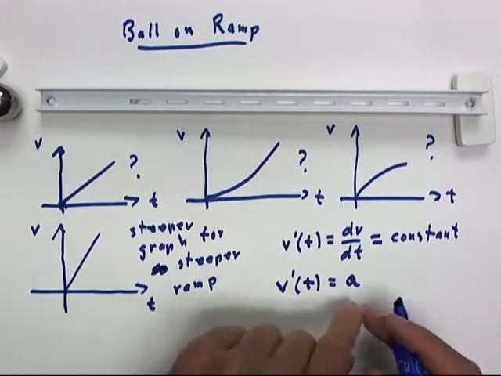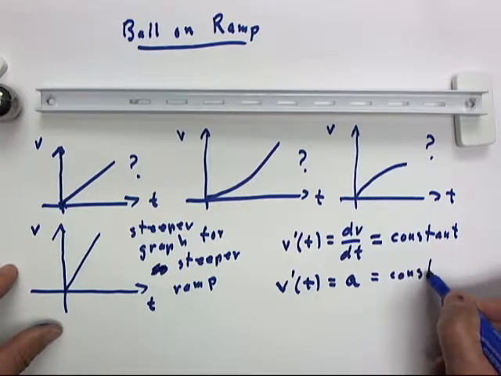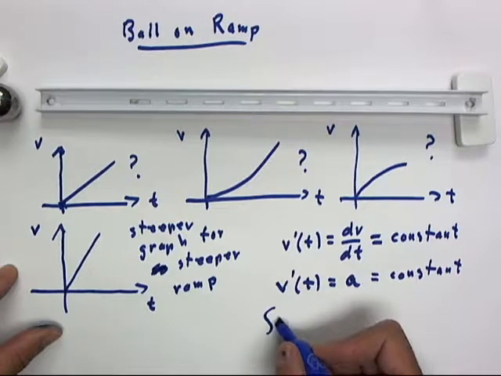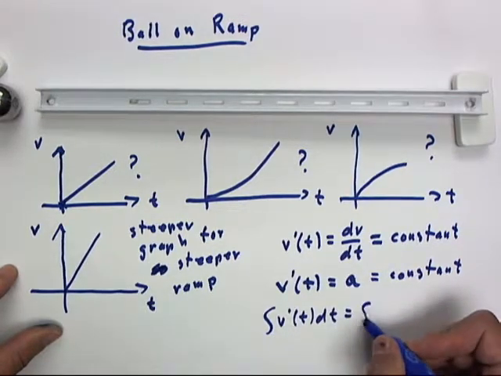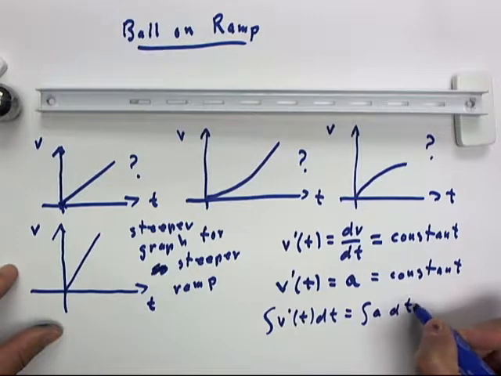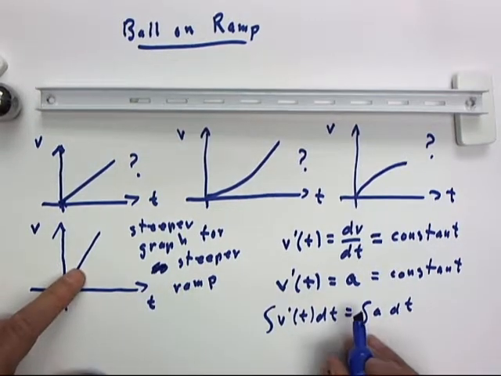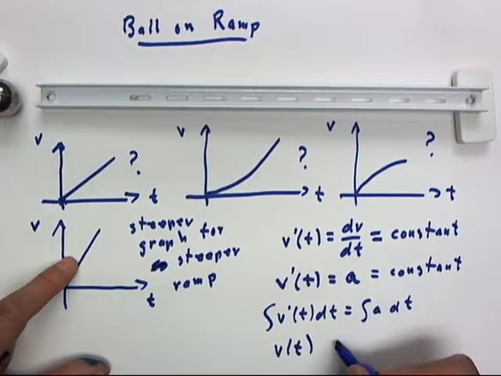If we let v prime equal a, which we assume to be constant, then integrating both sides of the equation with respect to t, our left-hand side is going to yield v of t plus an integration constant.